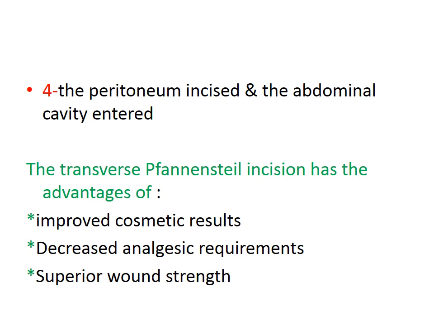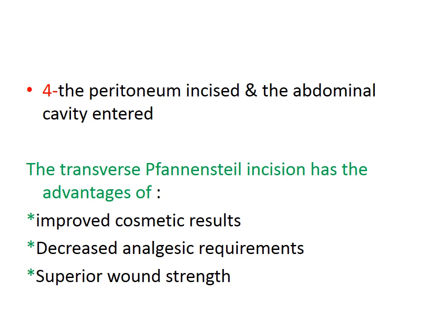What are the advantages of the Pfannenstiel incision, which, as I said, is the commonly adopted type of skin incision when performing Caesarean section? The advantages of this type of skin incision are that it has improved cosmetic results because it runs with the skin lines, and it is associated with decreased analgesic requirements post procedure.